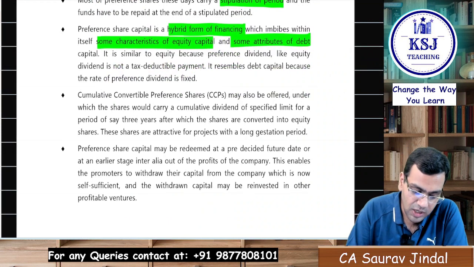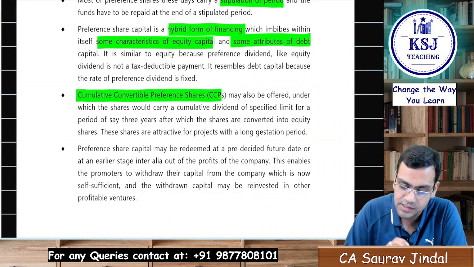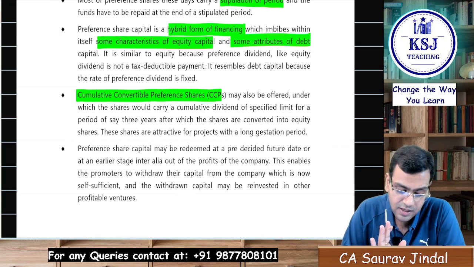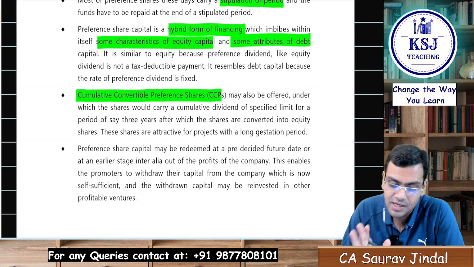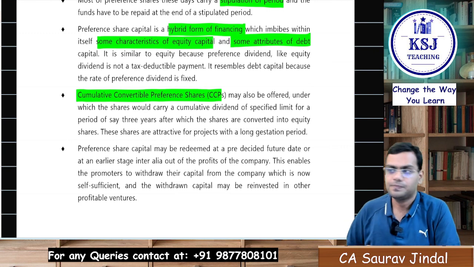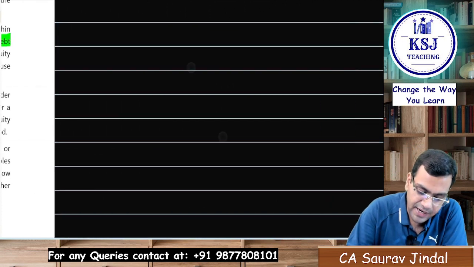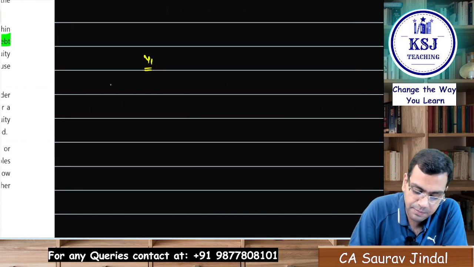Okay, the cumulative convertible preference shares. Cumulative convertible preference shares may also be offered, under which the shares would carry a cumulative dividend for a period of, let's say, 3 years, after which the shares are converted. Now, what is it? At the start of year 1, we are issuing the preference shares. Whatever is the dividend, we will take it forward.